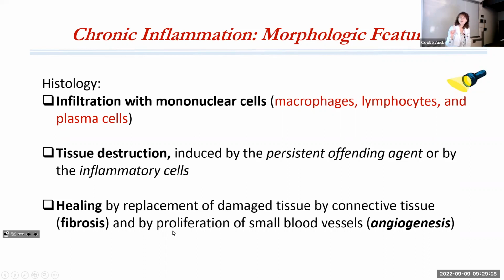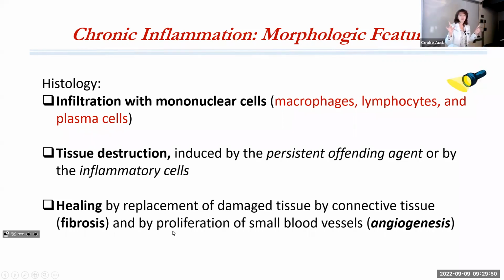I want to mention here that this is the rule, but there are exceptions. If you remember the slide I showed you yesterday with the time frame, in acute inflammation, in the first 24 hours, you will see polys. That is a rule. After that, the polys will be replaced by macrophages. In chronic inflammation, you'll see macrophages, lymphocytes, and plasma cells.